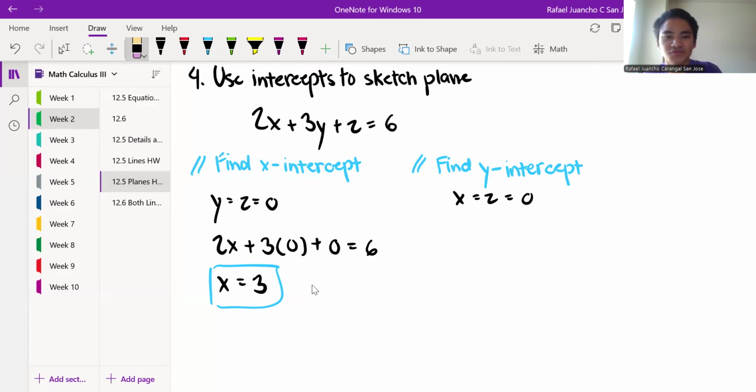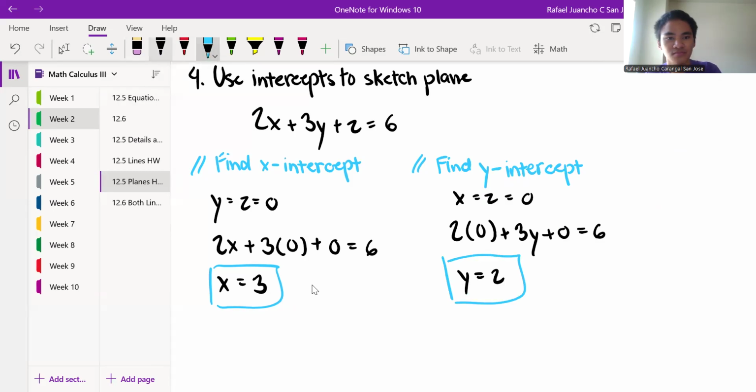So that's what it means to be on the y-axis. And so we just plug that in. X is 0, 3y plus 0 is 6. 3y equals 6, so y is 2. Done. Maybe could have done this mentally, but anyway.